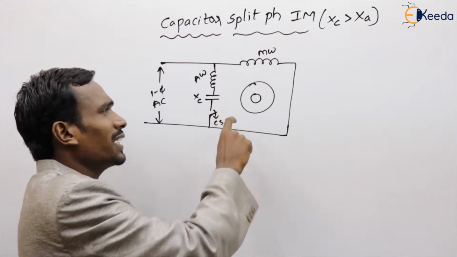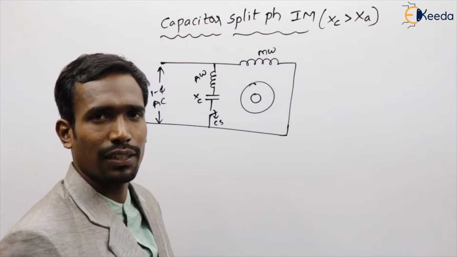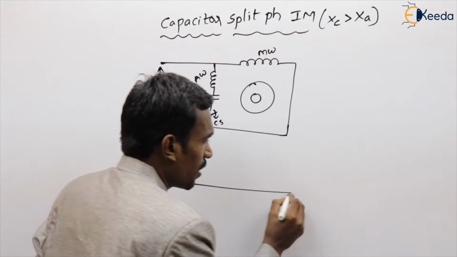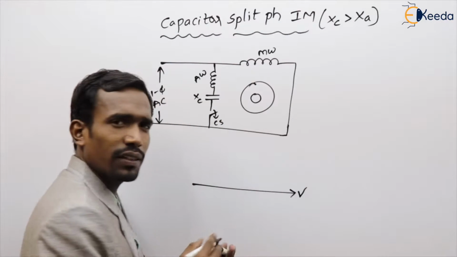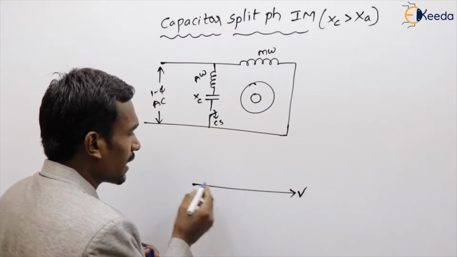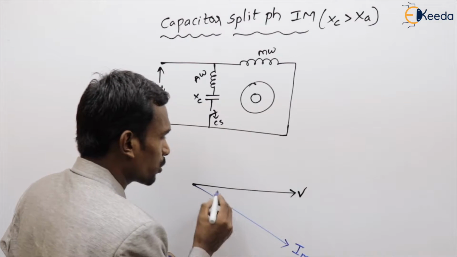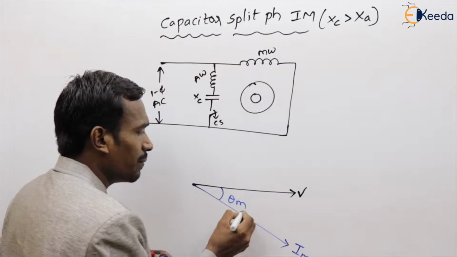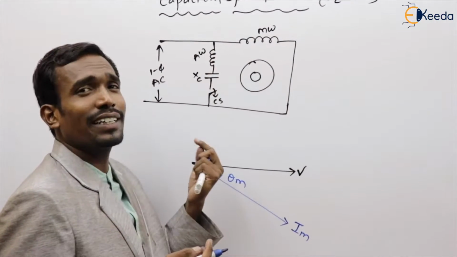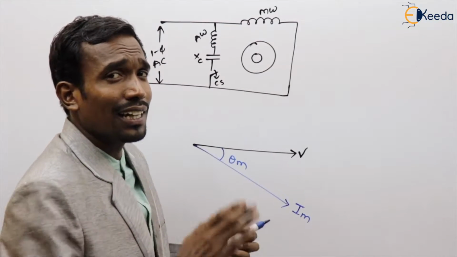Now the capacitor is added in series with the auxiliary winding. If we draw, for example, this is my voltage V. The main winding current is lagging the V by theta M. Is the auxiliary winding current lagging or leading the voltage?